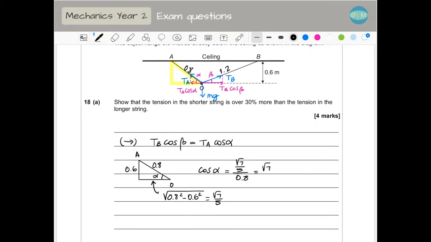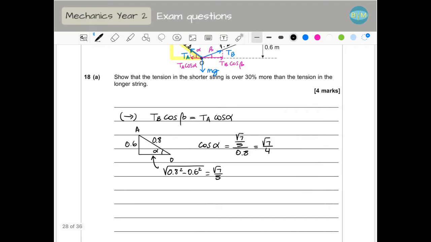And this is root 7 divided by 4. This is cos alpha. As I say, you can do sine minus 1 of 0.6 divided by 0.8, and then do cos of that and just get the decimals. I think this is slightly better.